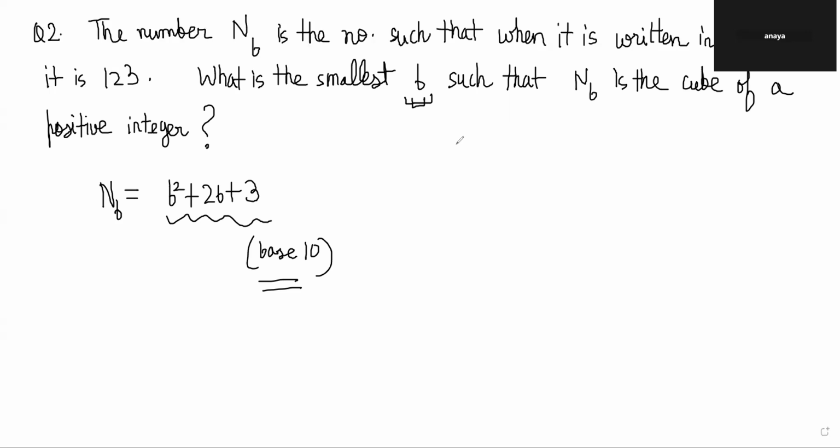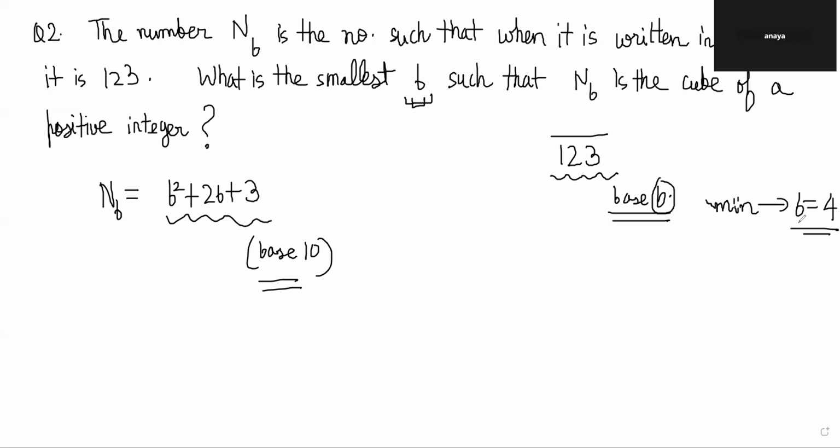First of all, you should realize that n_b is written in base b. So what is the minimum value of the base when you look at this number? 3. No, you cannot use the digit 3 in base 3. Oh, right. So 4. So the minimum value of b must be 4, or it could be 5 or 6 or something.